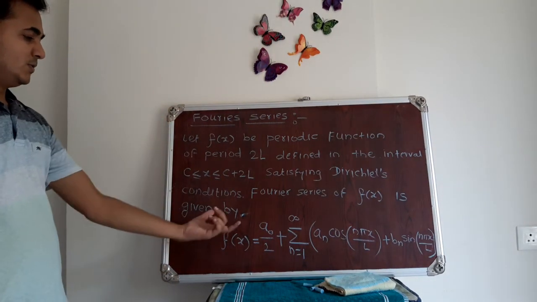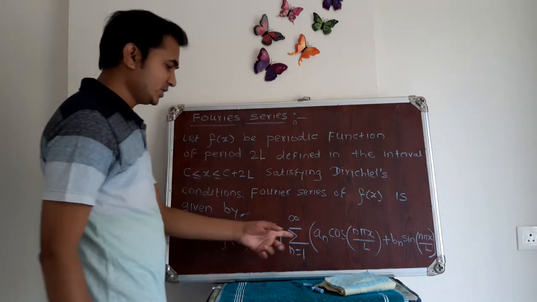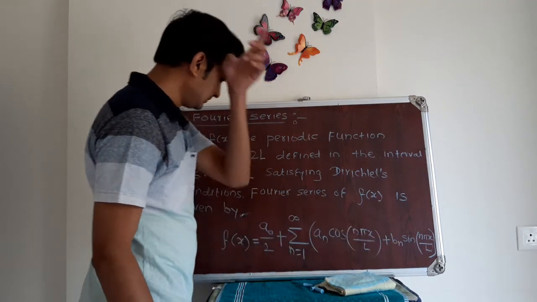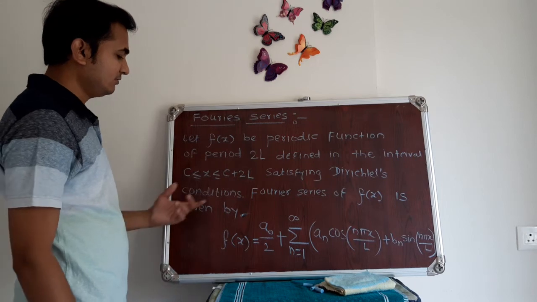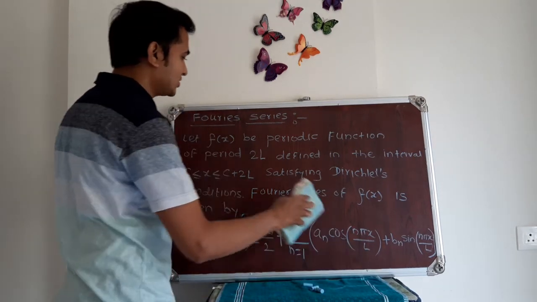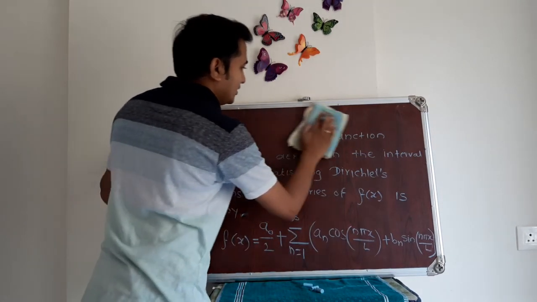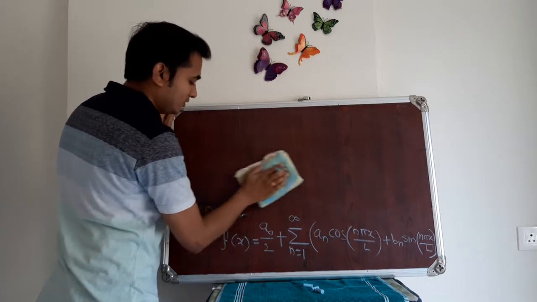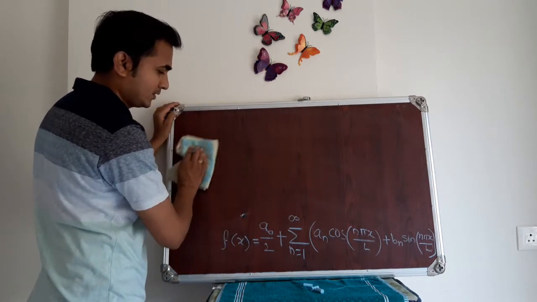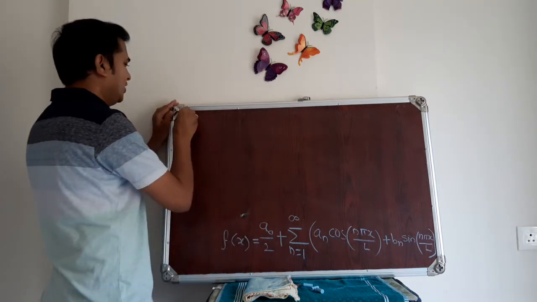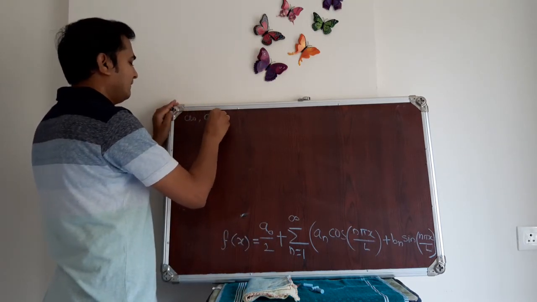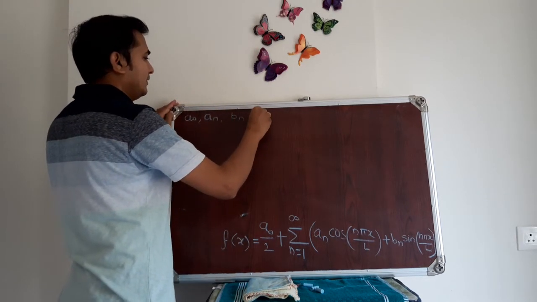Now the obvious question is, what are these coefficients a naught, an, bn? So let us define those coefficients. Those are called Fourier coefficients.